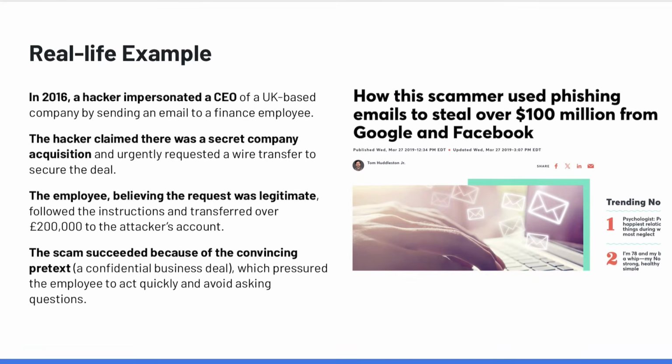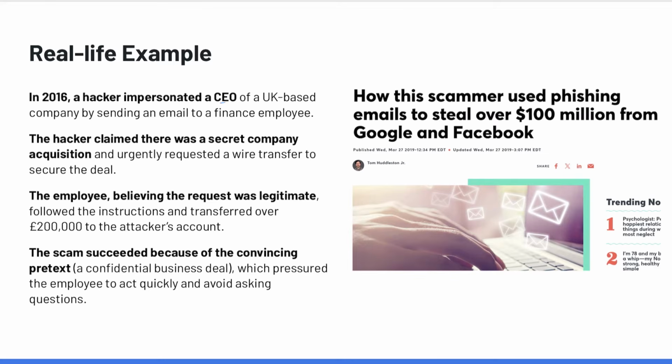Now, here's a great example of pretexting. In 2016, a hacker impersonated a CEO of a UK-based company by sending an email to a finance employee. Basically this hacker said there was a company acquisition going on that was secret. So he was pretending to be the CEO of a company that someone worked at, right?